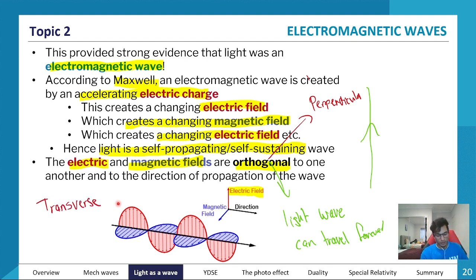The reason we call it transverse is because the light is traveling in this direction, and the particles, well, it's not really particles, but the energy is propagating perpendicularly to the direction of travel. And because it's perpendicular, we call this a transverse wave.